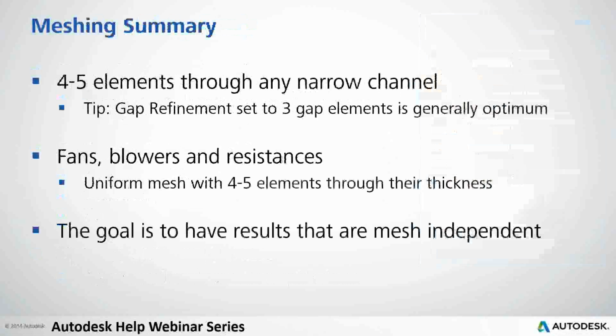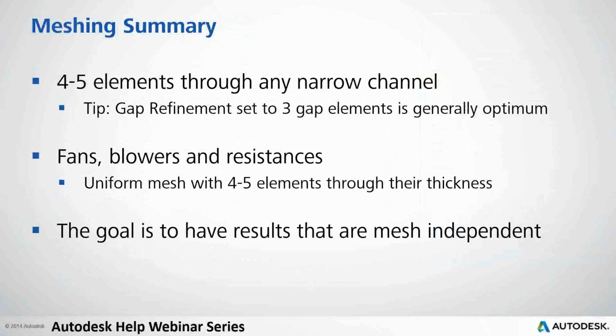So just to summarize those meshing points, the first thing, make sure it looks like your real world or CAD model. If it doesn't, obviously you need to improve it. Make sure there's 4 or 5 elements to any narrow channel. If you're going to use the automatic settings, start with 3 gap elements.